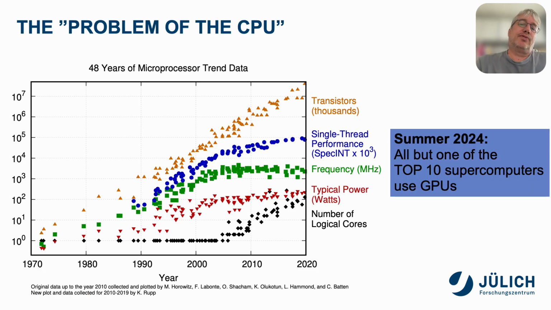GPUs are now used very frequently in computing, and the basic reason for that is probably a problem in the scaling of the performance of CPUs, which materialized in the last, let's say, 20 years. You probably heard about Moore's law, which essentially tells you that the number of transistors in a processor grows exponentially with time.